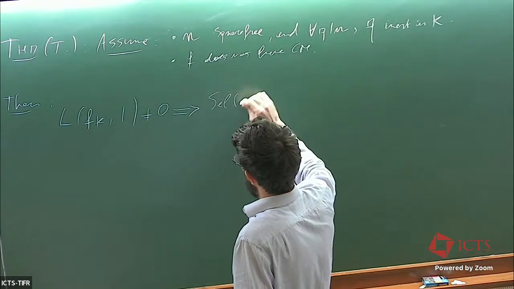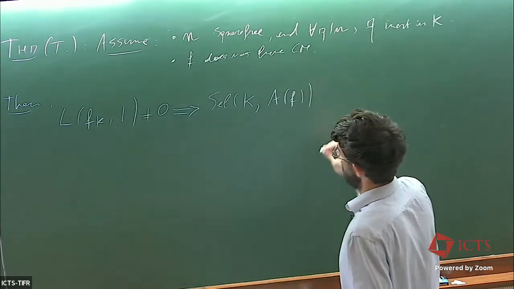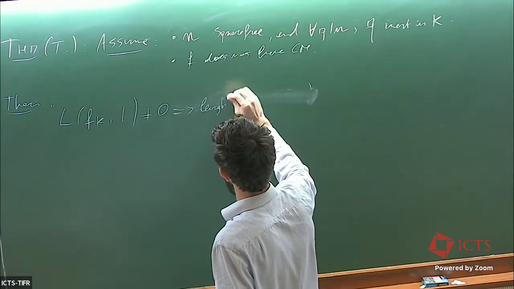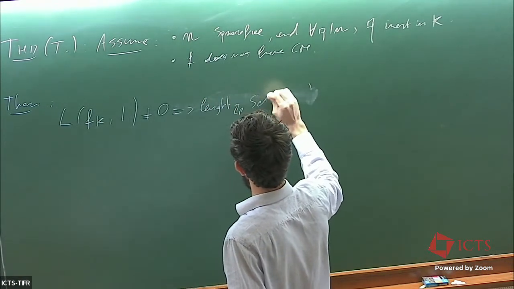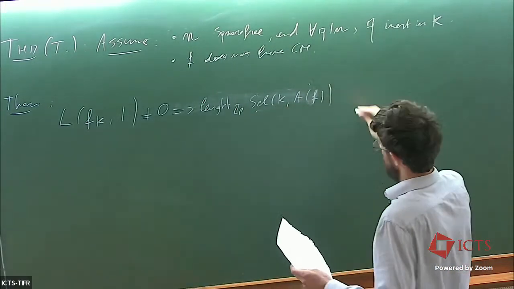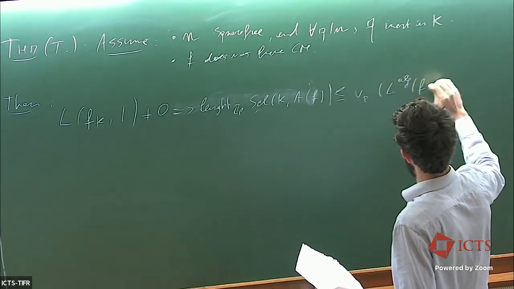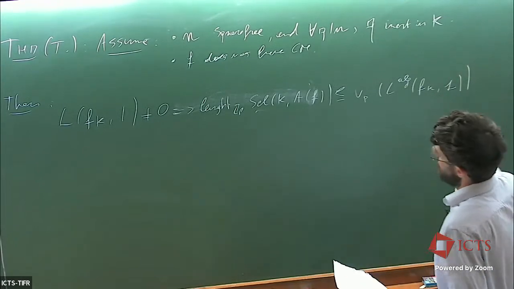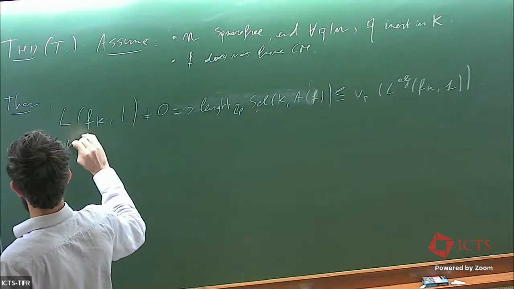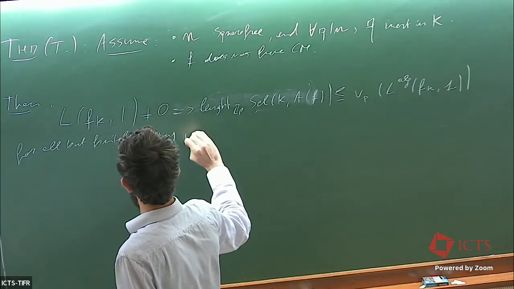Namely, the length of the Selmer group of A of f, as a Z_p module, is at most the p-adic valuation of the algebraic part of the special value. And this will be true for all but finitely many primes p.